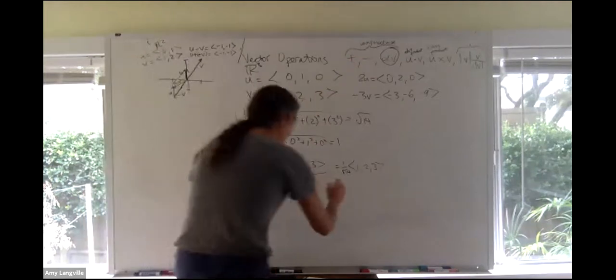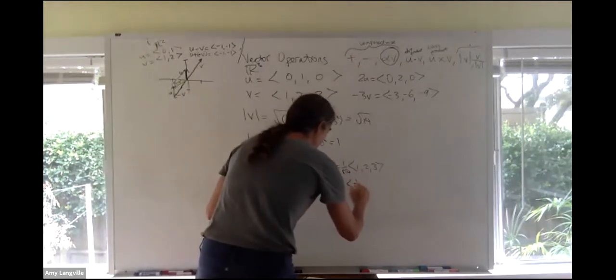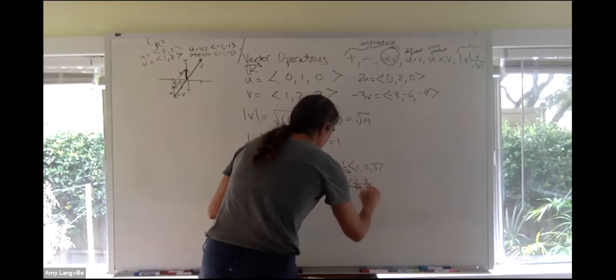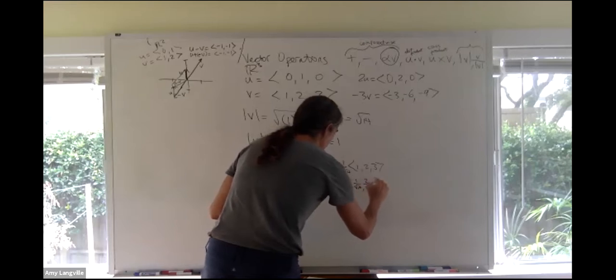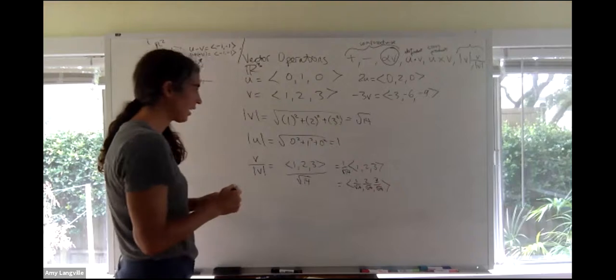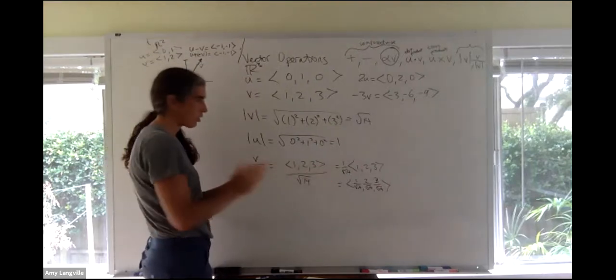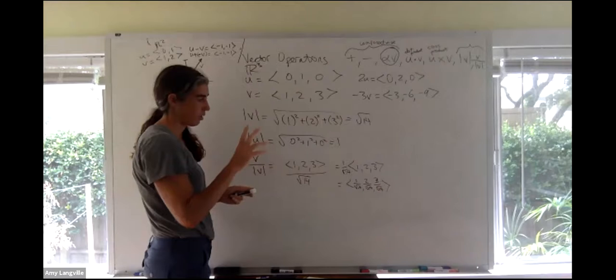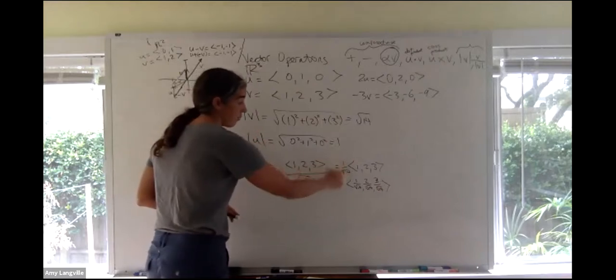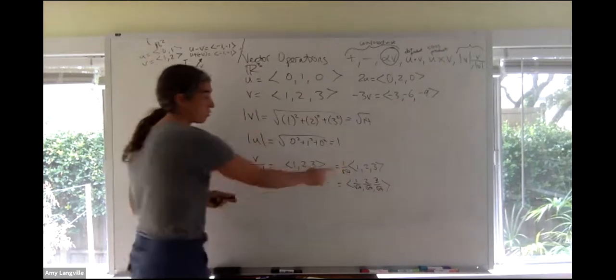Or you can distribute that inside. And the first way clearly shows that normalizing v is pointing in the exact same direction and has just been shortened because this fraction is less than 1.